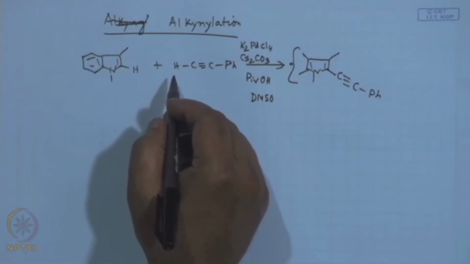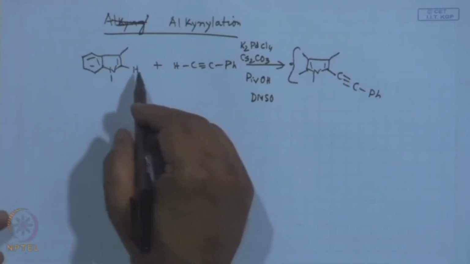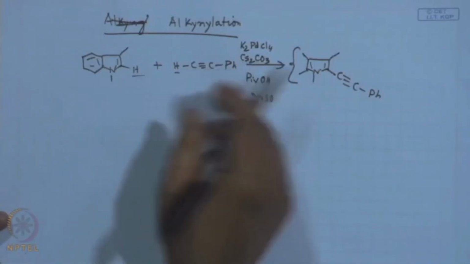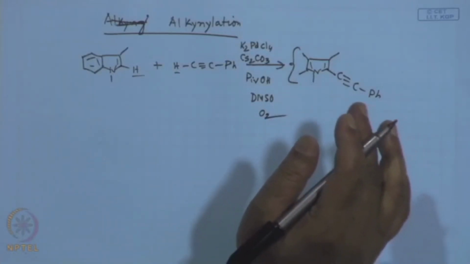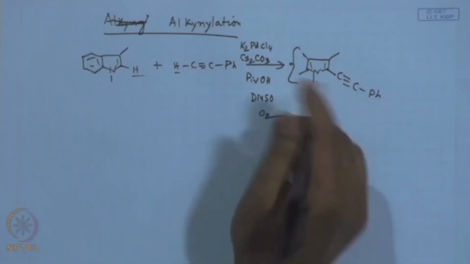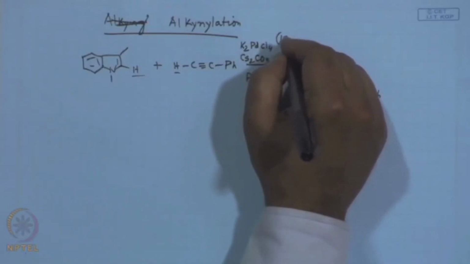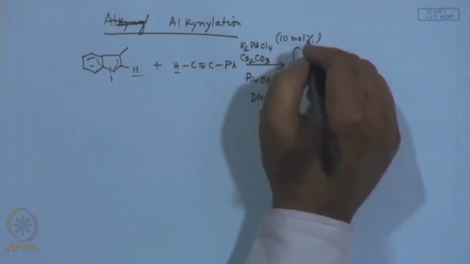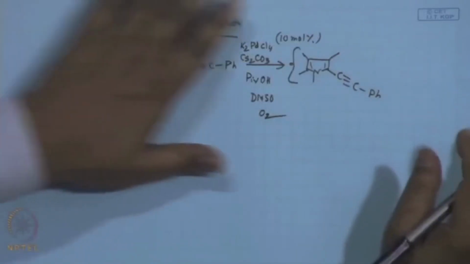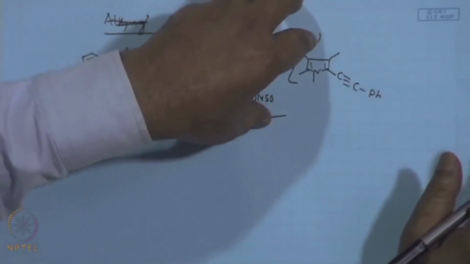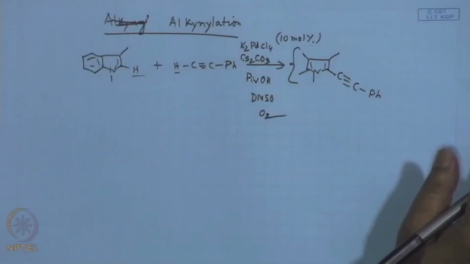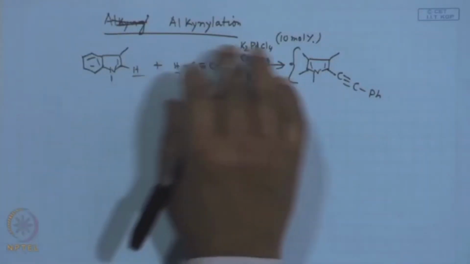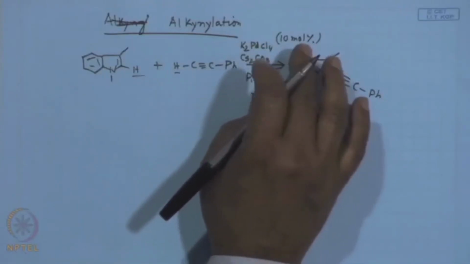The title says dehydrogenative reactions, so you have two hydrogens getting eliminated. That means you need an oxidizing agent, and the oxidizing agent is just plain oxygen. Okay. And the catalyst is 10 mole percent. So once again, we have to concentrate a little on the reaction conditions and see the outcome of the reaction, but mind you, you do not have to use any kind of metals or metalloids.